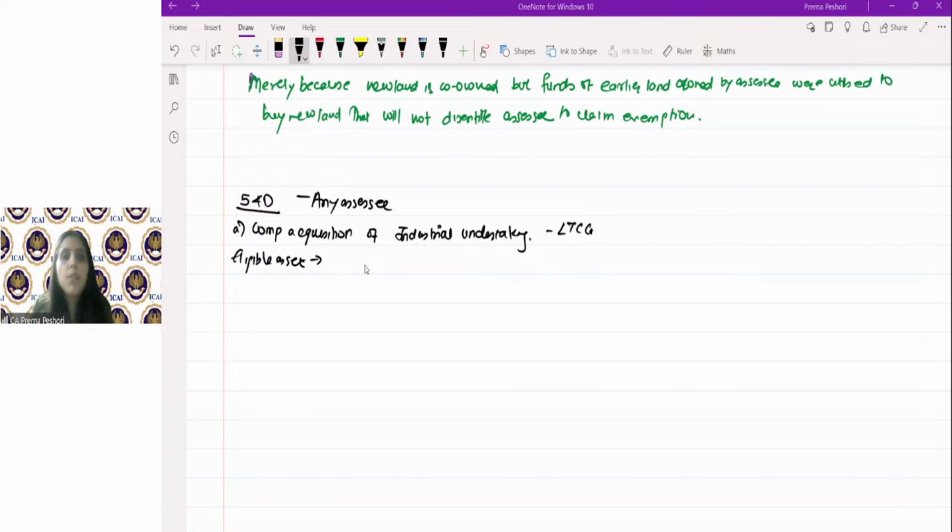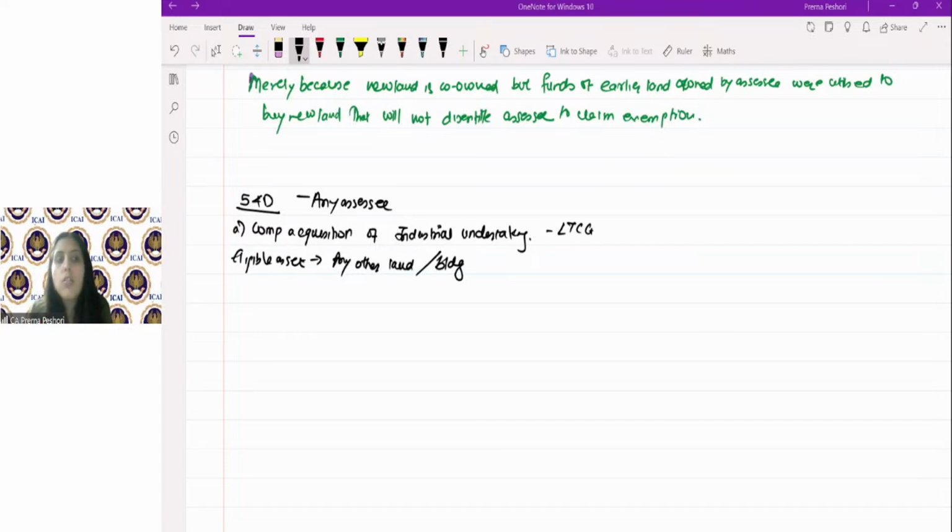So the assessee must purchase any other land or building or any right in land or building or construct any building. Then in that particular case, the assessee will be eligible for the exemption under 54D.